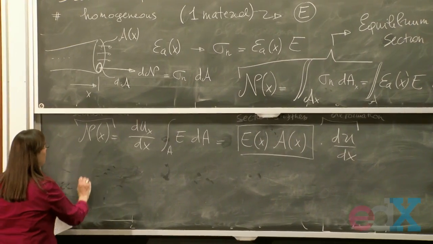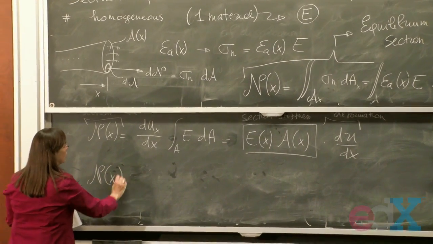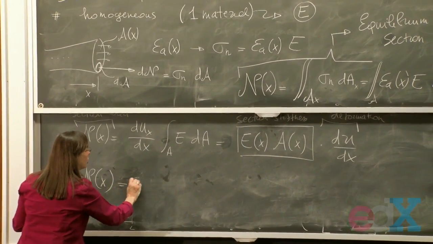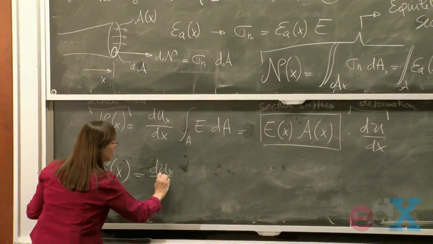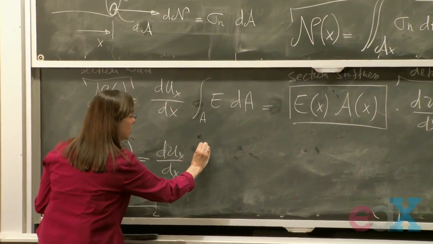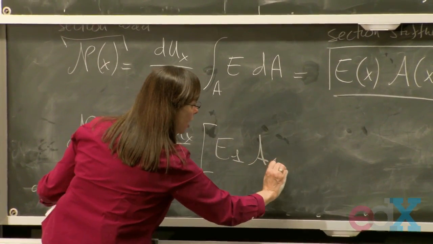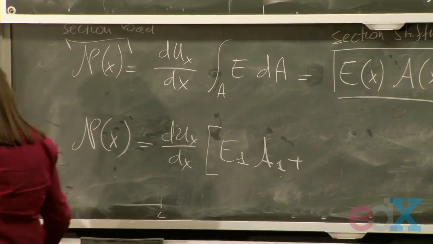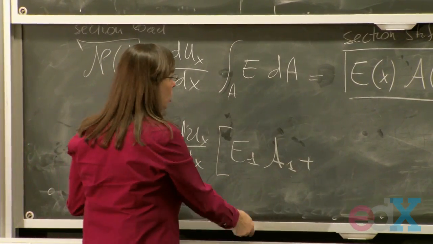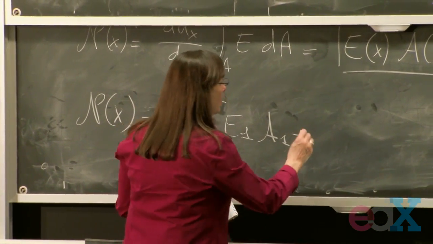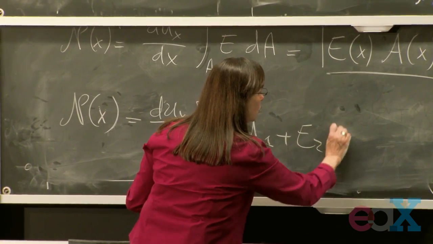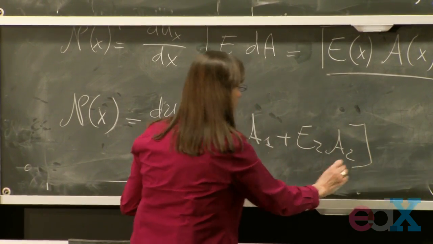It's not much different. I get that N of x, if it is a composite, is equal to du/dx times E1 A1 plus E2 A2.